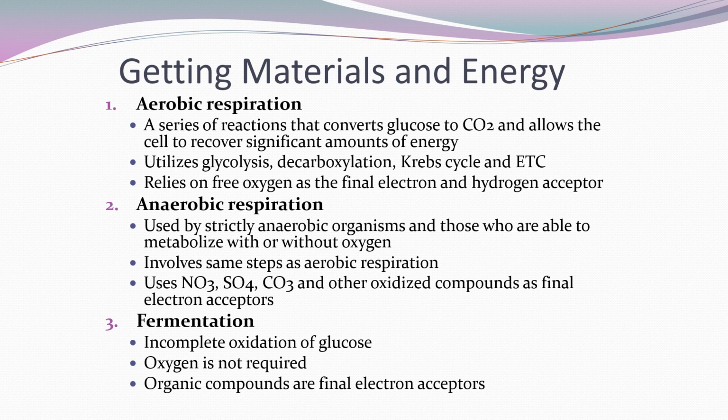Oxygen is not required because the only thing that's happening is glycolysis, that first step of respiration, and that's it. There are only going to be 2 ATP produced, and also some type of byproduct is usually going to happen as a result of fermentation.